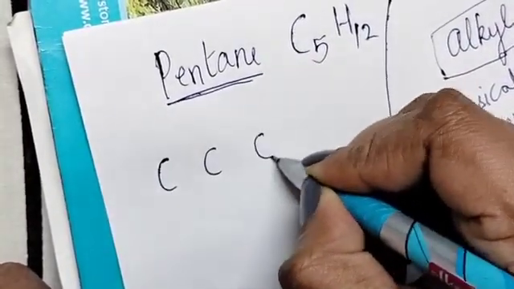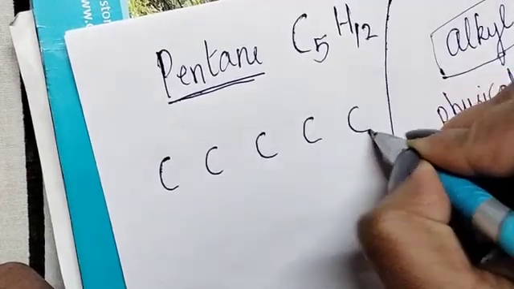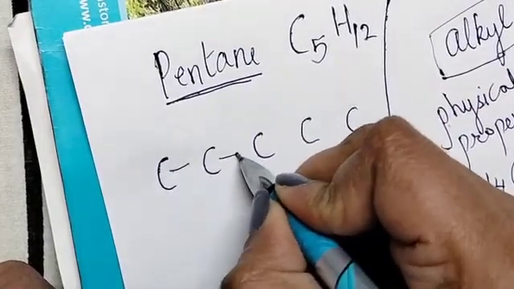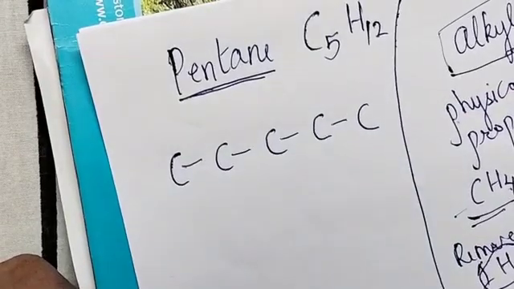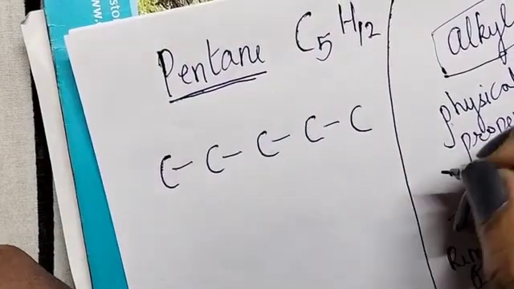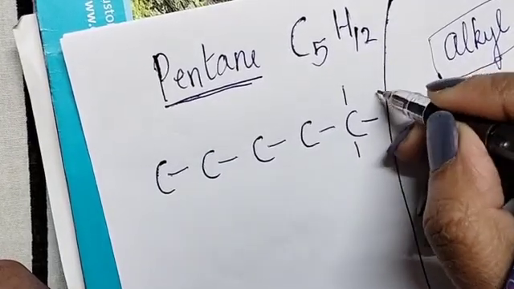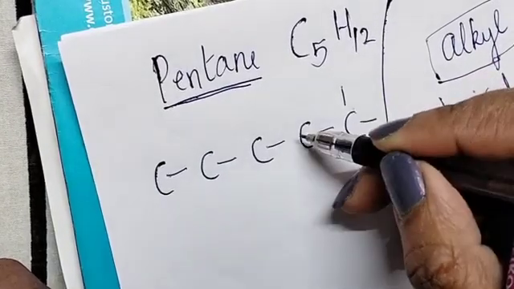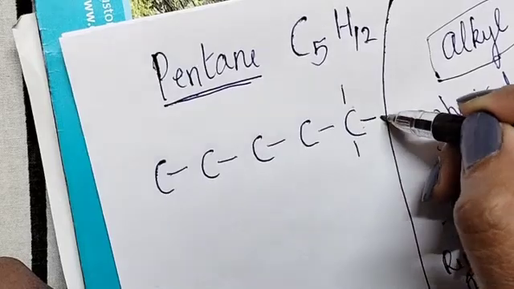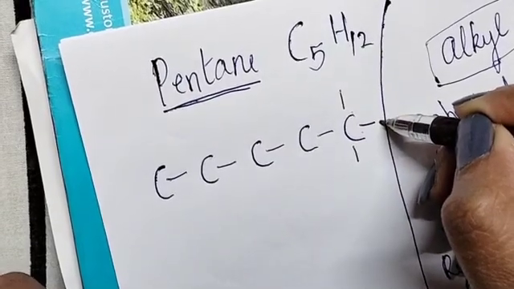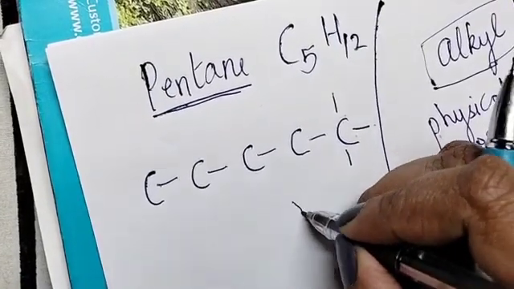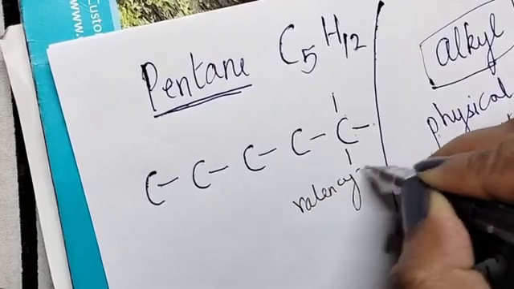First we are going to put 5 carbons and put all single bonds between them. After that you are supposed to balance with hydrogen. How will you balance? You're going to check the carbon, check all the corners. There are 4 lines, 4 bonds. Why 4? Because carbon has valency 4.